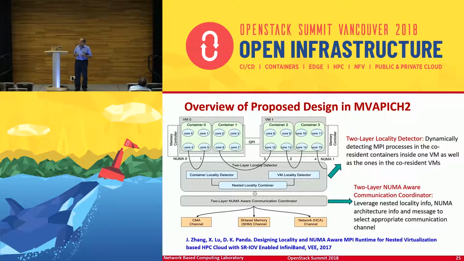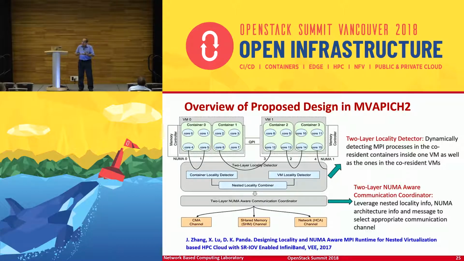Earlier I had indicated this locality detector. Now we had to extend that into a 2-level, 2-layer design. Here it shows a container locality detector and a VM locality detector, and we put them together in a nested locality combiner. Once we have this, we can see which container is running where and which VM is running where.